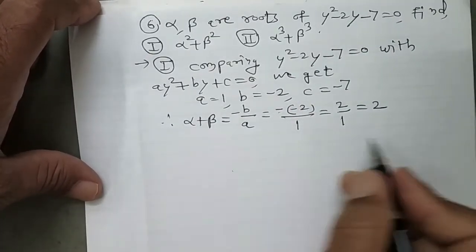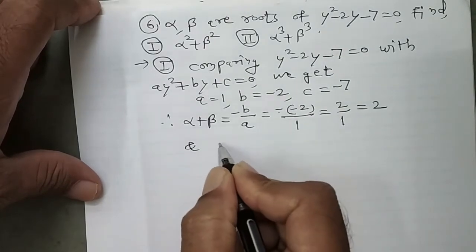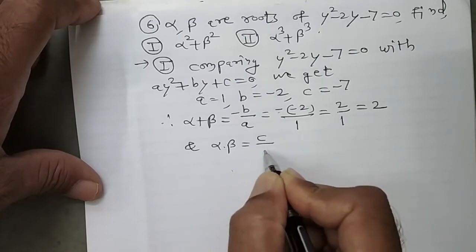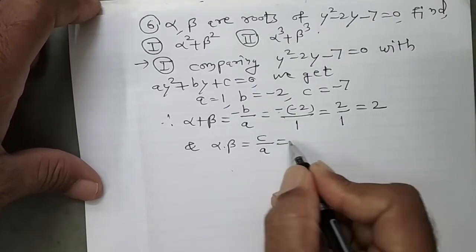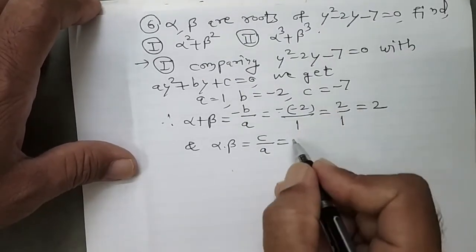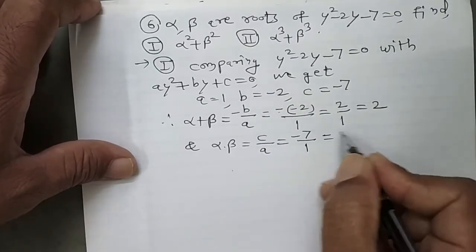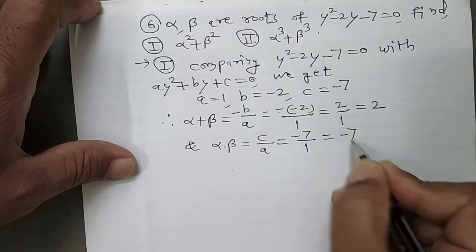This is alpha plus beta, and alpha into beta is equal to, now formula is c upon a, is equal to, value of c is minus 7 upon a is 1, minus 7 upon 1, that is minus 7.